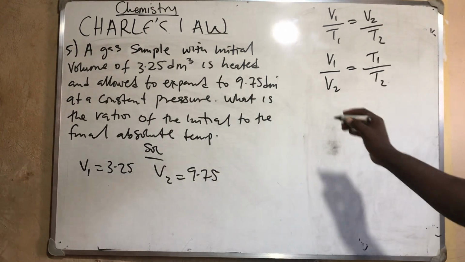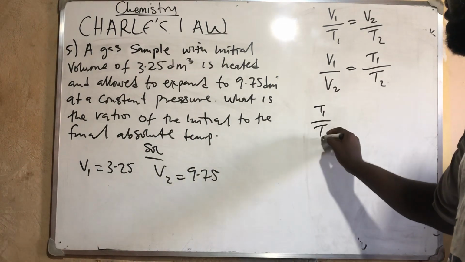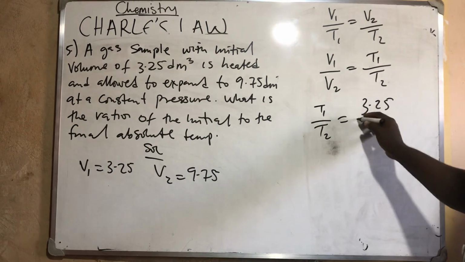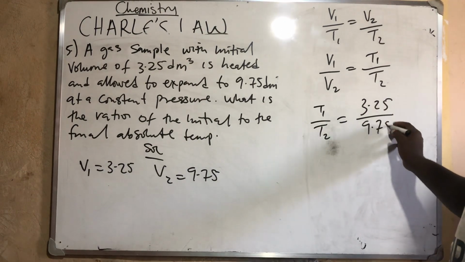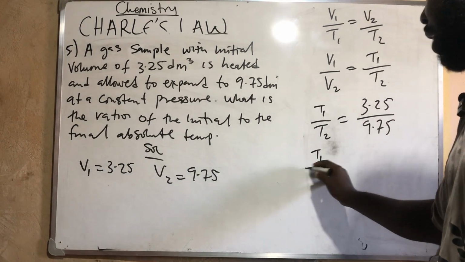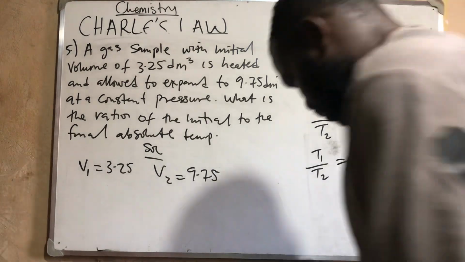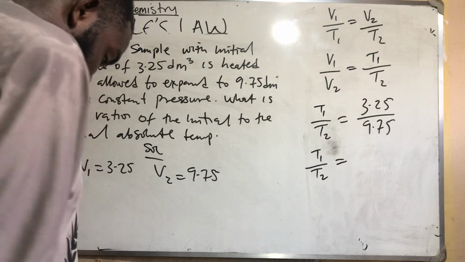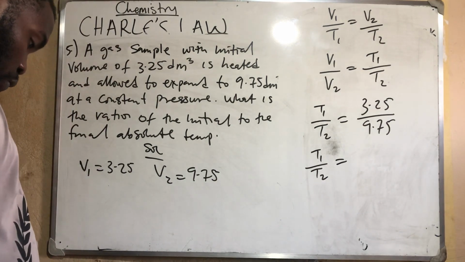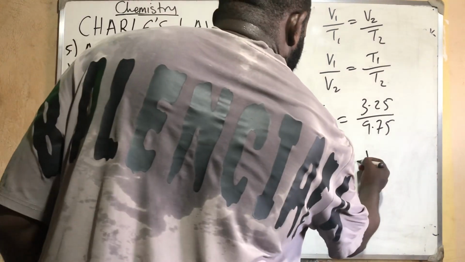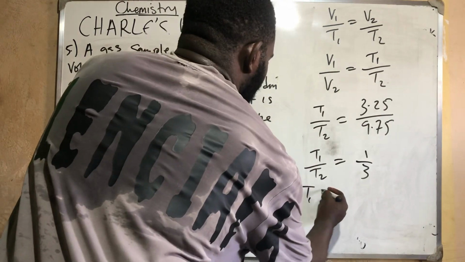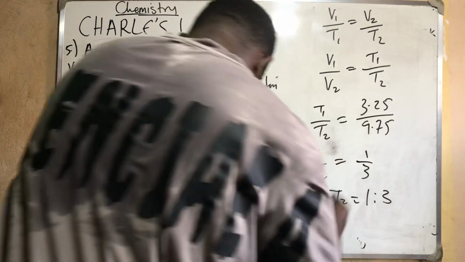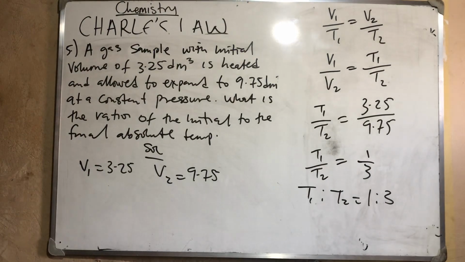So if you now put everybody, T1 over T2 is equal to 3.25 divided by 9.75. So I have T1 over T2 is equal to 1 over 3. So therefore T1 is to T2 is equal to 1 is to 3. All right. So that is that.